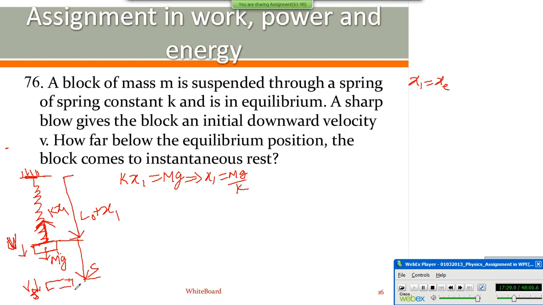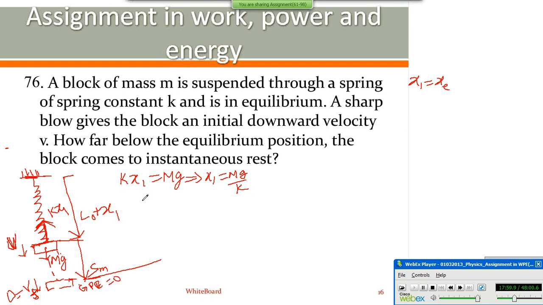So the lowest point of the block during the motion, we can take as the reference position for measuring gravitational potential. So the gravitational potential of the block can be taken as 0 at the lowest position. At the lowest position, the final velocity is 0 and the displacement is maximum. Let Sm denote the maximum displacement below the equilibrium position.